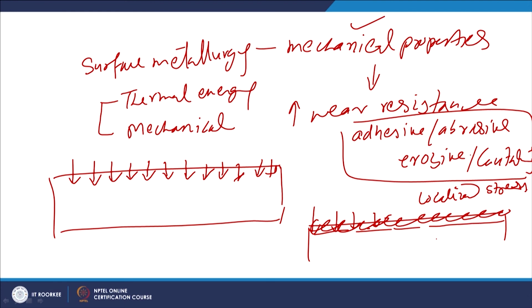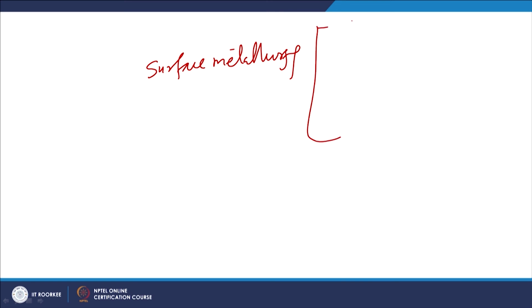So, what are the mechanisms leading to the improvement in mechanical properties? When there is no change in chemistry and only the surface metallurgy is modified, there are three main mechanisms which lead to the improvement in mechanical properties, and so wear behavior. These are basically grain refinement.